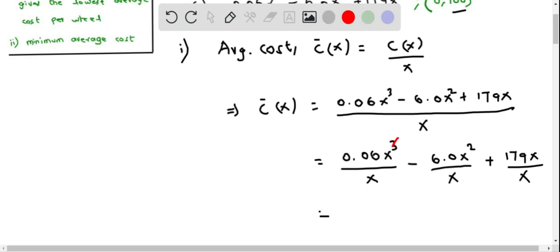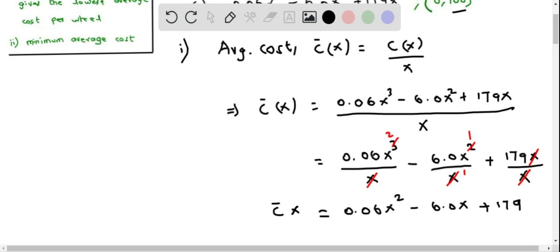We can reduce the power by subtracting 1, so 2 minus 1 is 1, and we can also cancel these two x's. So this becomes 0.06x squared minus 6.0x plus 179. This is the simplest form of the average cost function.